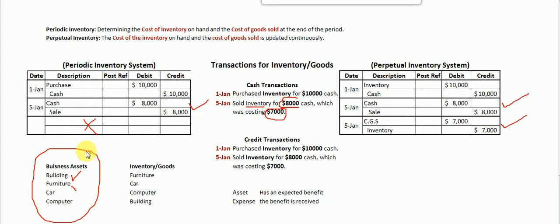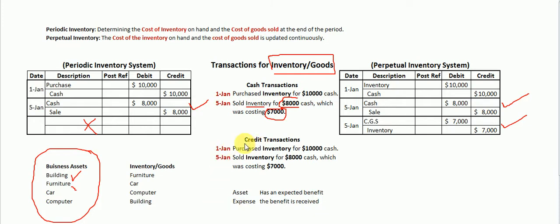It is totally different. In today's lecture we are only talking about inventory. In the transaction it was given like purchase inventory for $10,000, not a building, furniture, or any other asset for business use. I hope you have learned.